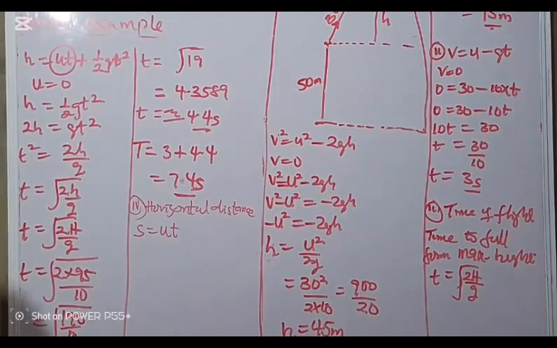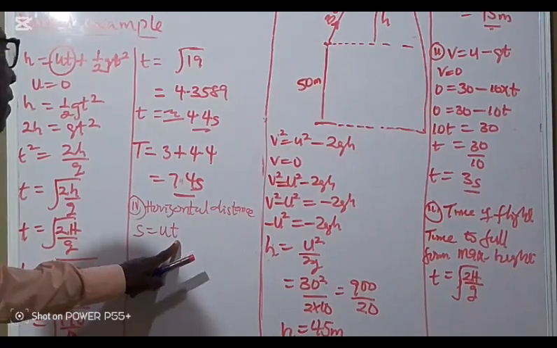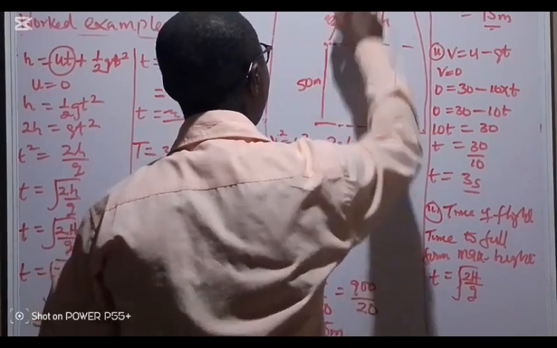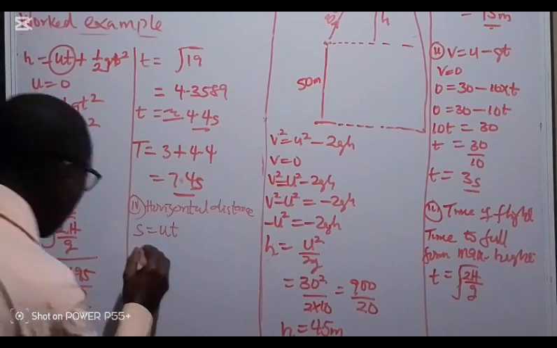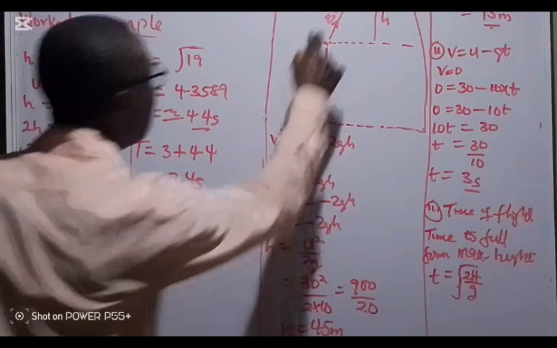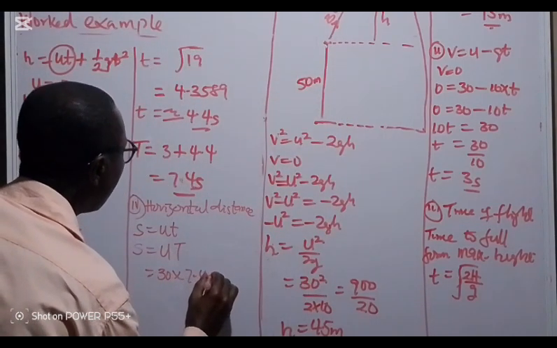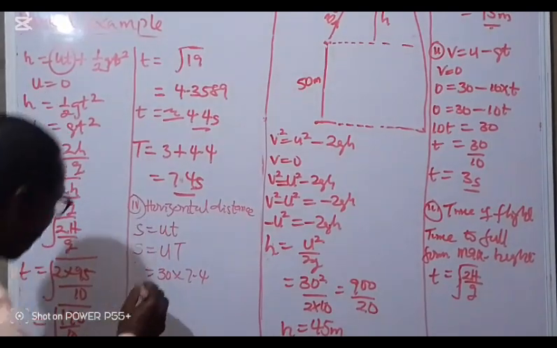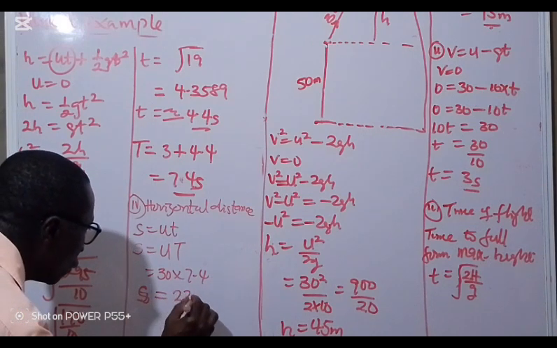Our u is given, and we calculated our T. Mind you, the time taken is the time to reach the maximum height plus the time taken to fall to the ground. So S is equal to u times capital T, that's 30 multiplied by 7.4. Finally, S, the horizontal distance, is equal to 222 meters.